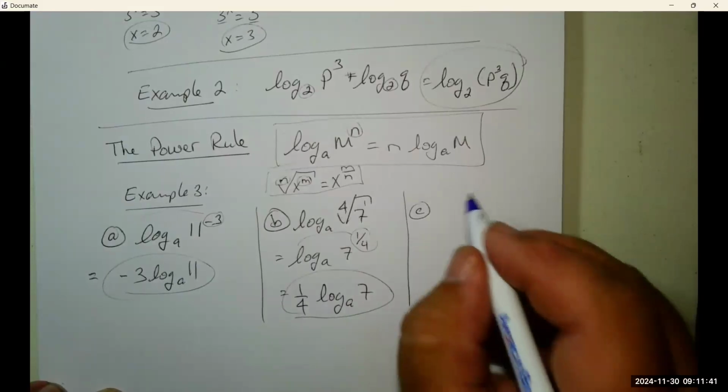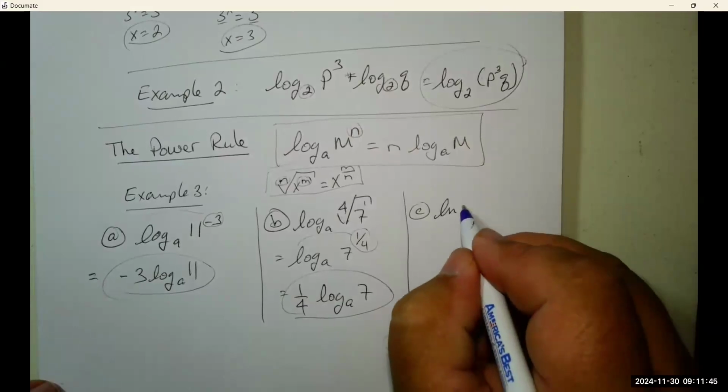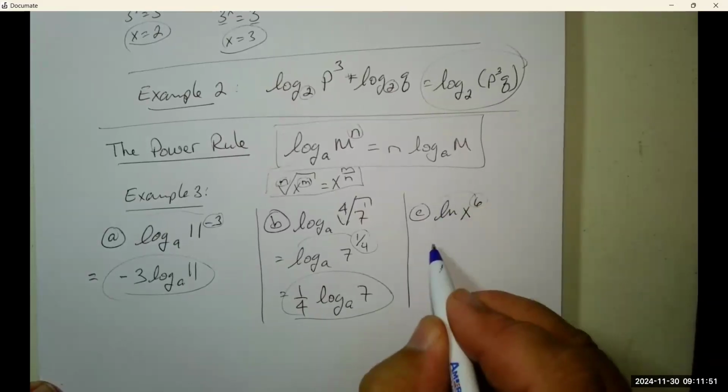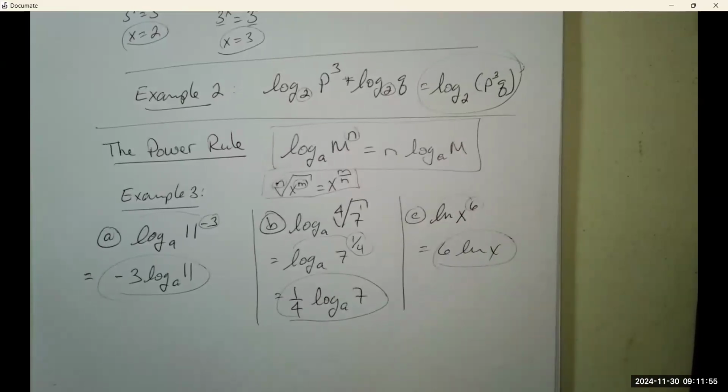Then C, sorry, ln x to the power 6. That's an exponent, comes in front, so it's 6 ln x, and that's it. That's all you can do.